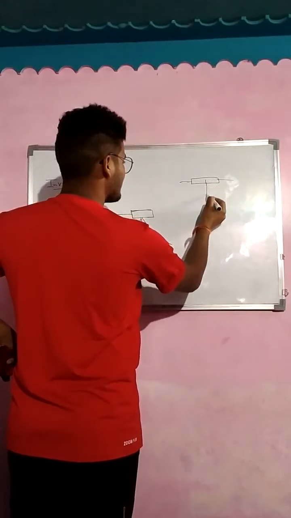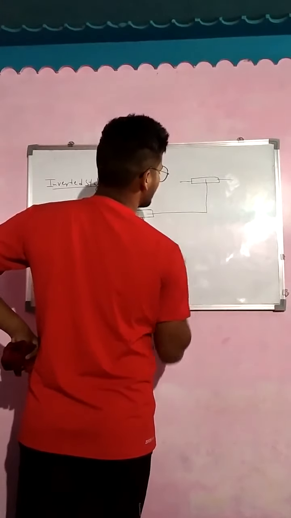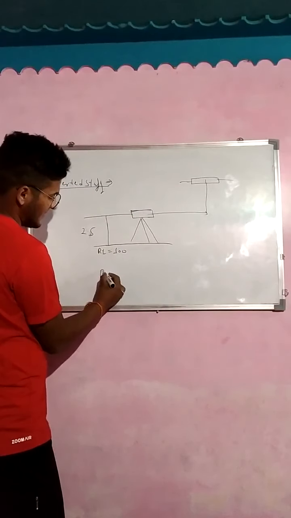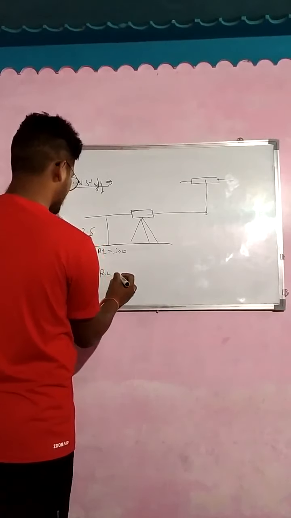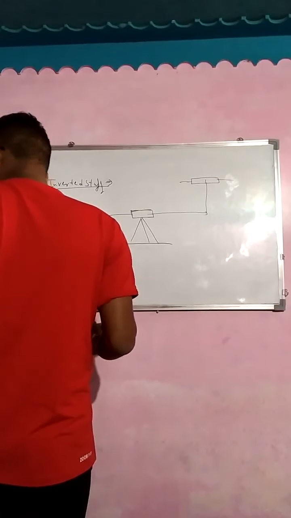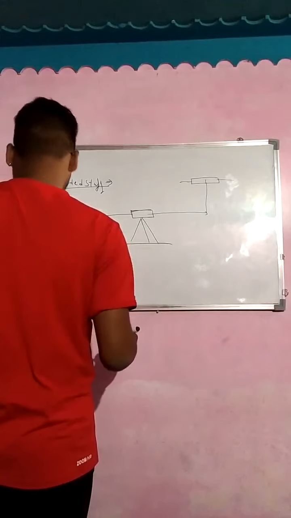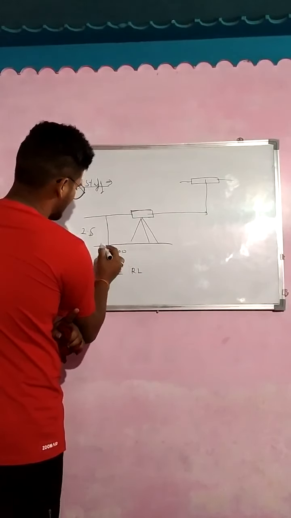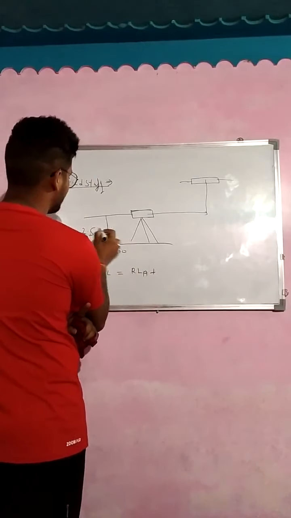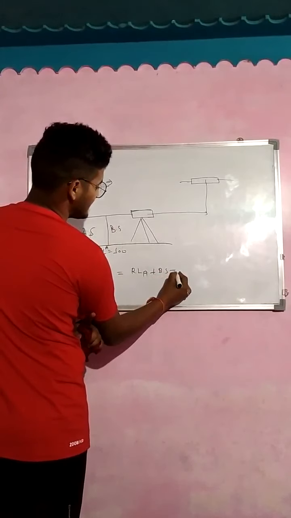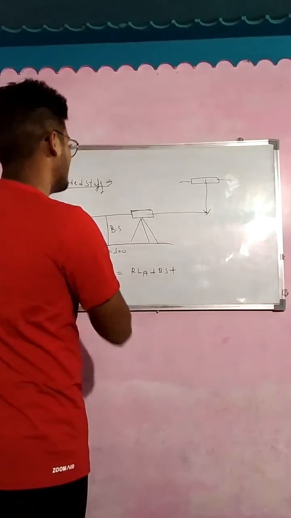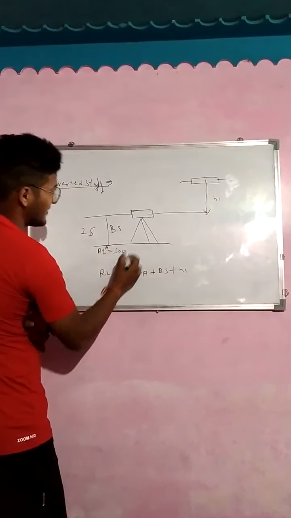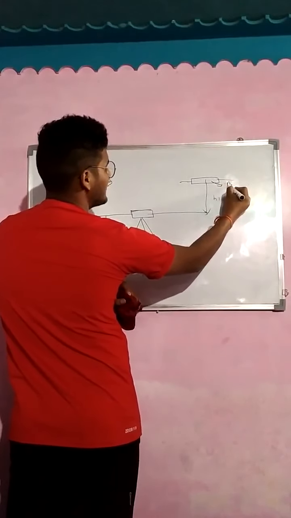तो what we do, we take your staff as inverted, so from here we can find out the value of your soffit point. So here what we have to do, if we are going to find out the reduced level of that particular point, this point is considered to be A and this point is B. So RL of B will be RL of A plus backside plus the value of the reading which comes over this, that may be H1.